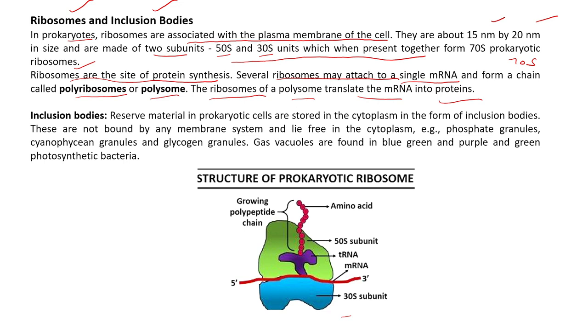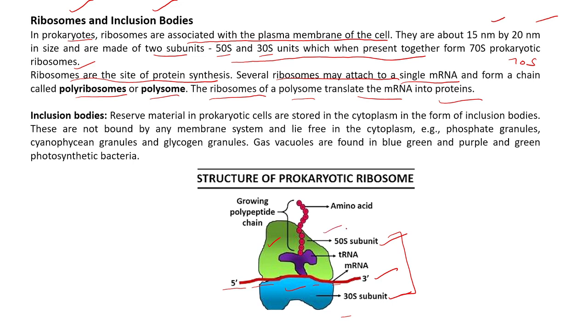Here you can see the 30S subunit of the ribosome and the 50S subunit of the ribosome. This blue portion is the 30S and this green portion is the 50S subunit. When these two subunits get attached to this mRNA chain, you can see this long red chain, which is 5' to 3', this is the mRNA chain.